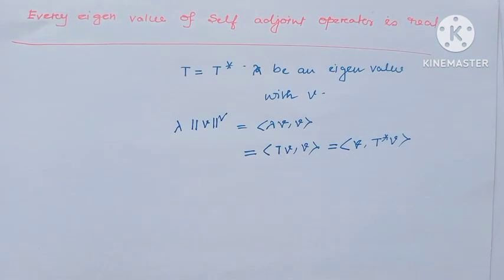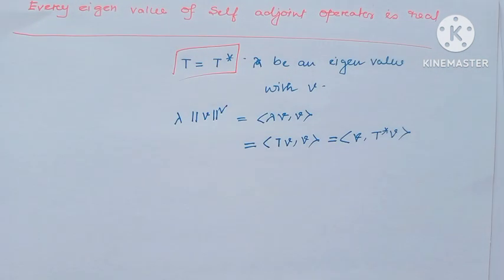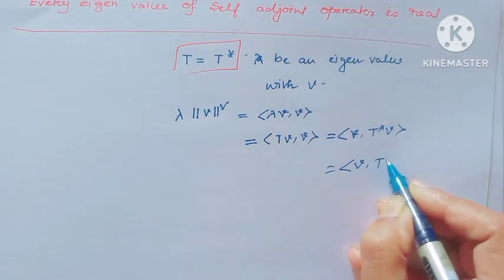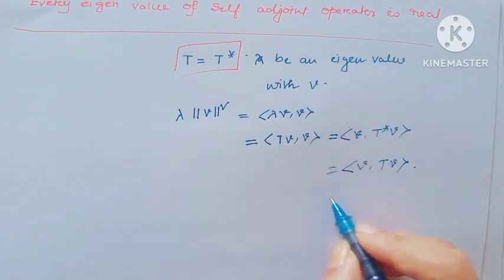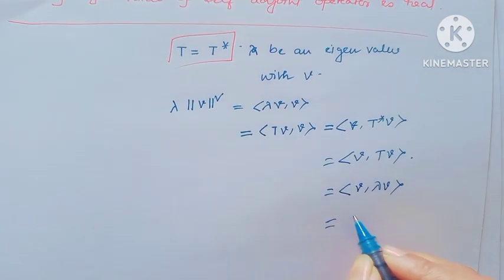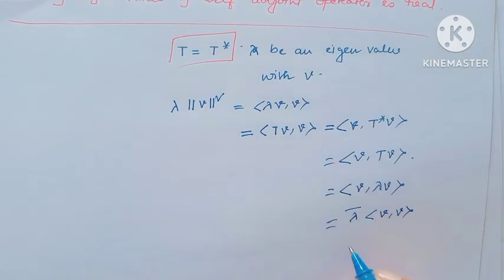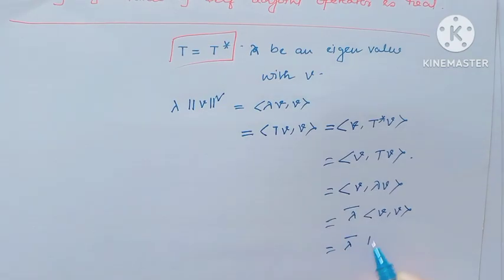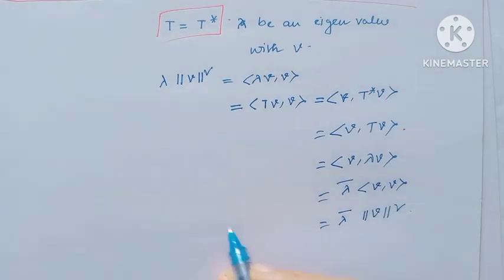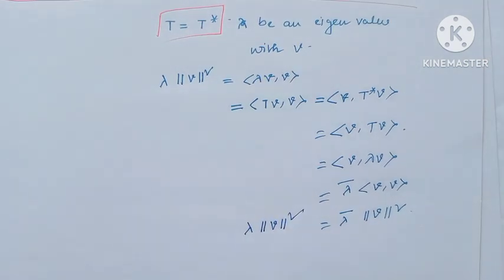Since the operator is self-adjoint, T star equals T, so this is the inner product of v with Tv, and Tv is lambda v, so this equals lambda bar inner product v with v, which is lambda bar norm v squared. So I have lambda norm v squared equals lambda bar norm v squared.